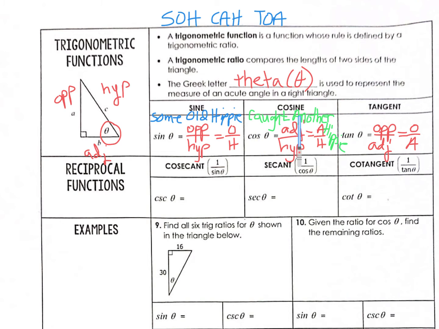So cosine, another adjacent hippie, hypotenuse. So some old hippie caught another hippie. And then let's put this one for tangent, tripping on acid. Haha. So tripping for tangent, on for opposite, acid for adjacent. So some old hippie caught another hippie tripping on acid. That's how you can remember SOHCAHTOA.